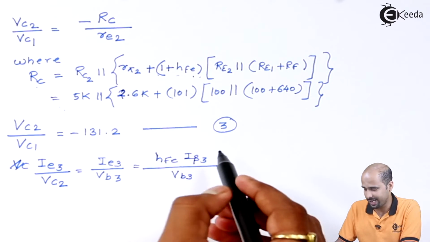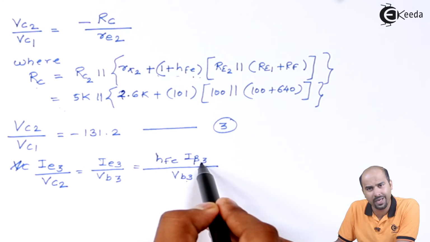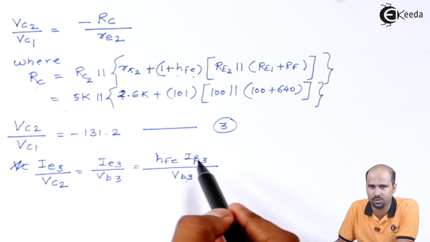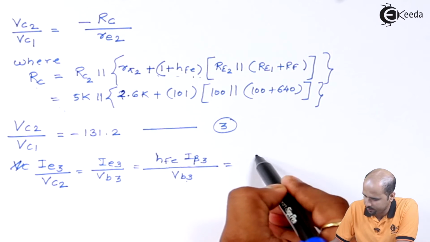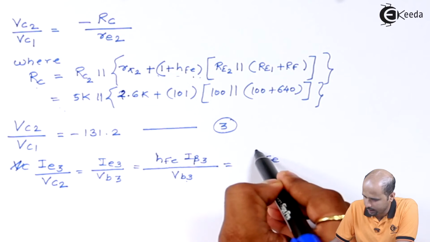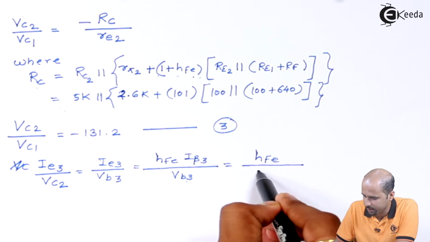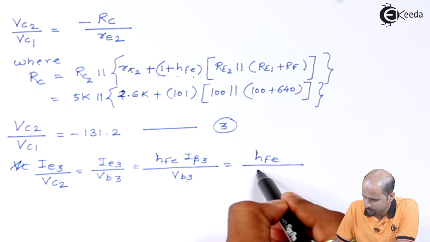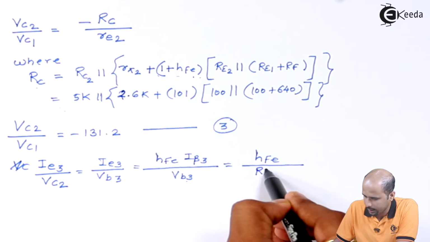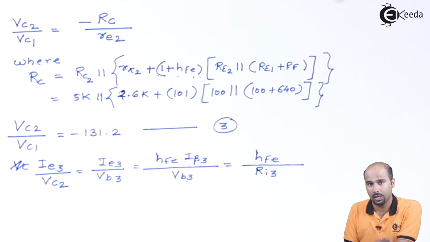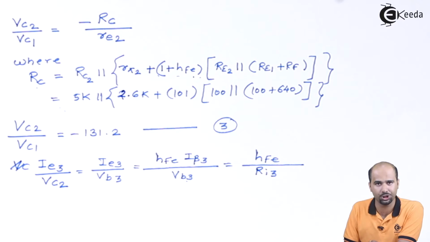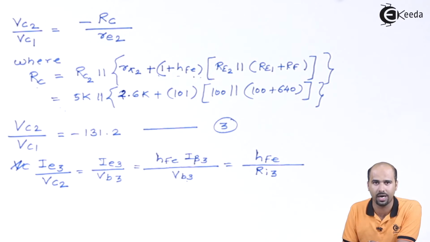I can say that this VB3 divided by IB3 is nothing but the input resistance, right? So it's a very simple thing that we have to analyze: HFE divided by RI3. Okay, now we should be very conscious to find out the value of RI3.